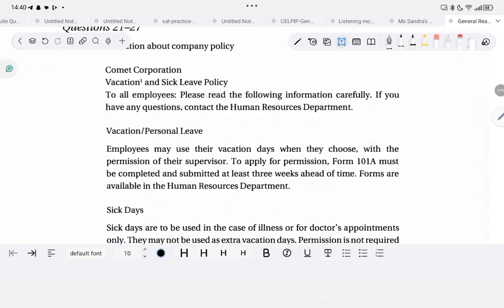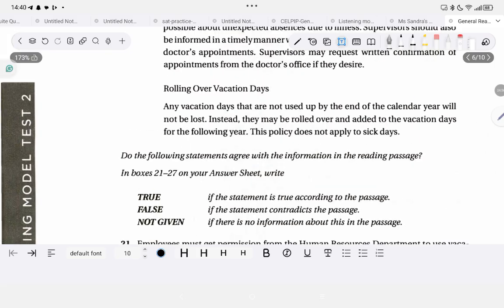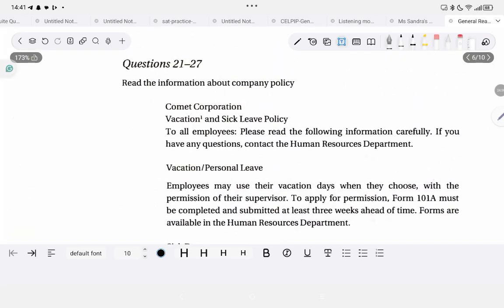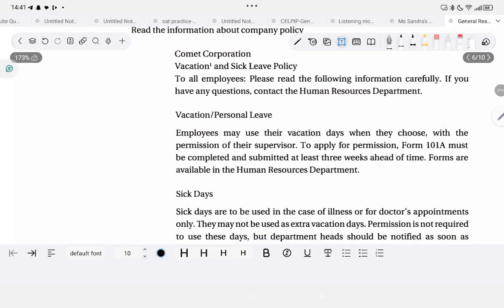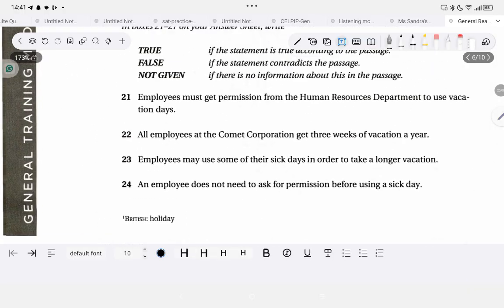To apply for permission, Form 101A must be completed and submitted at least 3 weeks ahead of time. Forms are available in the Human Resources Department. I don't think it says that you must get permission from the Human Resources Department. It says get it from your supervisor, but the form can be gotten from the Human Resources Department. It says with the permission of their supervisor. So the answer is false.